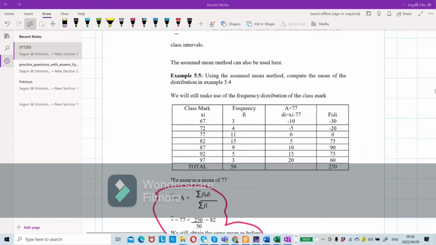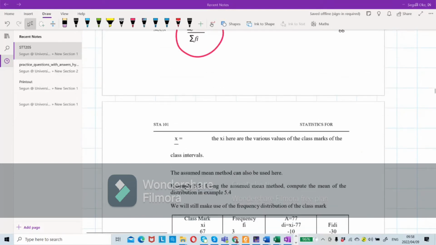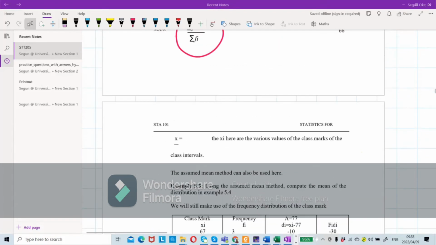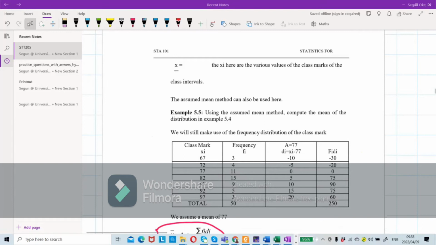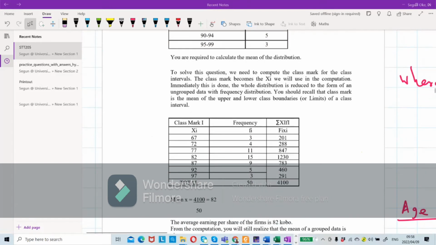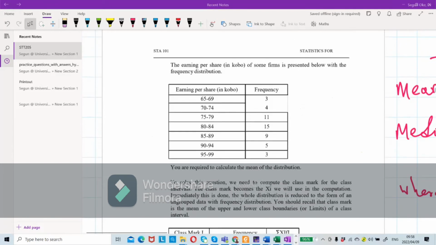Is it group data or is it not? Yes, sir, it's group data. Really? Group data. Okay, look at the question. This is the question now. As you can see, the question.